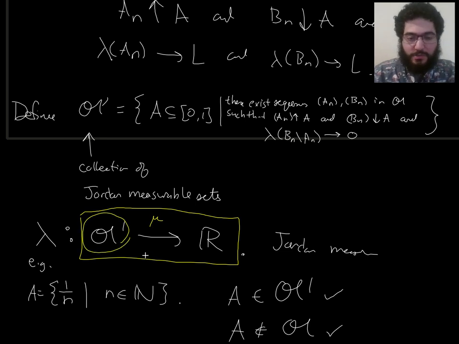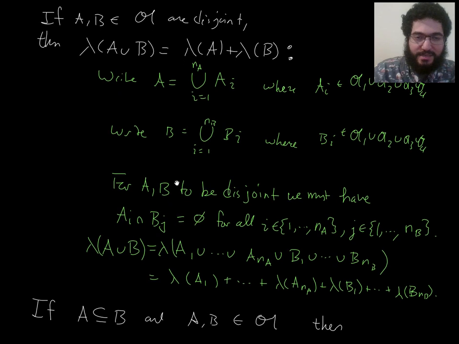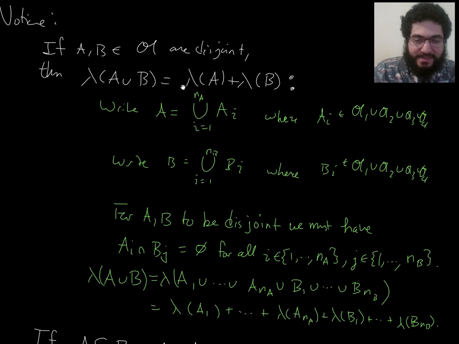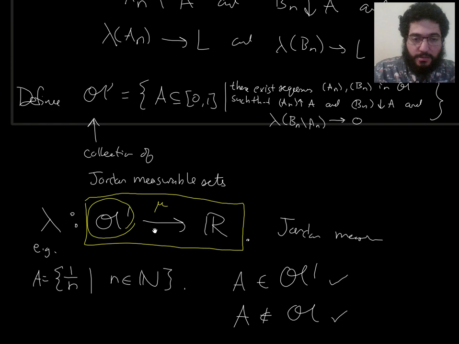We want it to include a lot of things, and we want lots of reasonable properties to be satisfied. Things like this: if you have two disjoint sets and you take the measure of their union, then that should be the sum of the measures. Things like that. So we're going to first focus on what kinds of things the class of sets here can be.